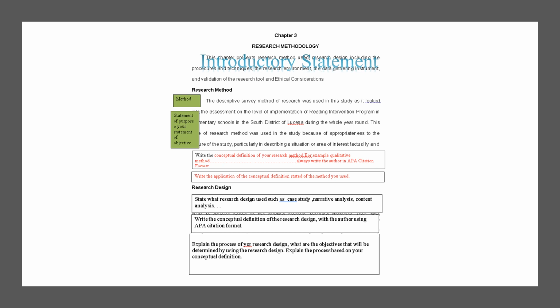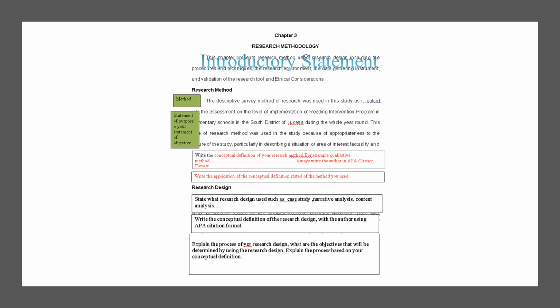Then after that, write the application of the conceptual definition stated, of the method you use. For example, that qualitative method. So you have your author, then apply it. You have to follow how you described qualitative method.